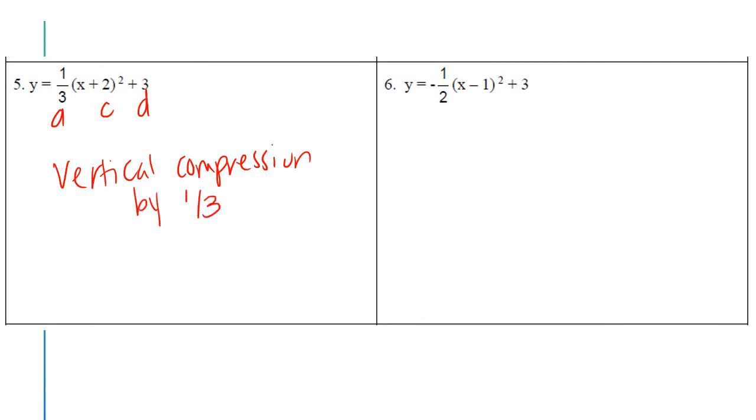My C looks like +2, but it's actually negative. So therefore, we're going 2 units left. My D is 3, so that meant we went 3 units up. Okay, I'm going to leave you to do C6.